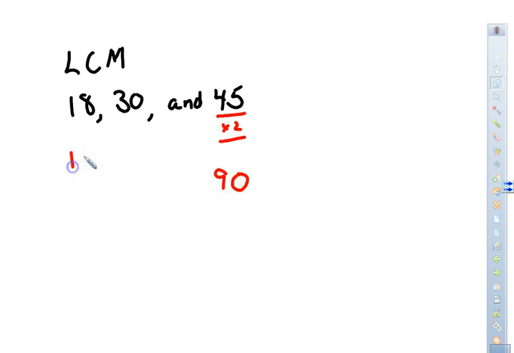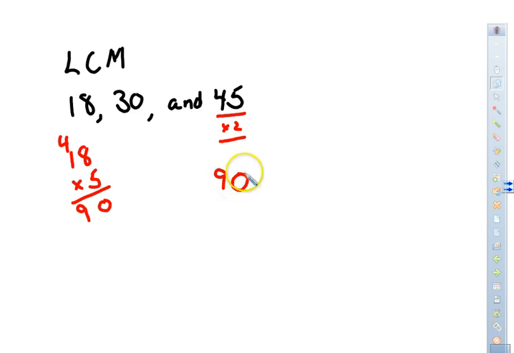So the question now is, does 18 go into 90? I'm going to use a number that's going to have to end in a 0. So 8 times 5 gives me 40, then carry the 4, and then 5 times 1 plus 4 more is indeed 90.